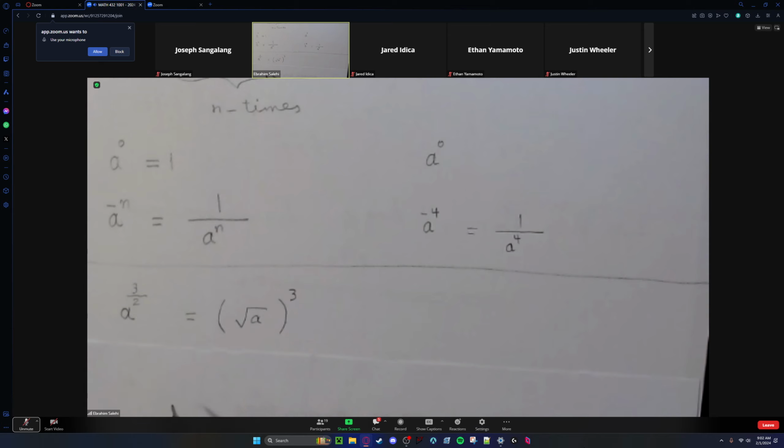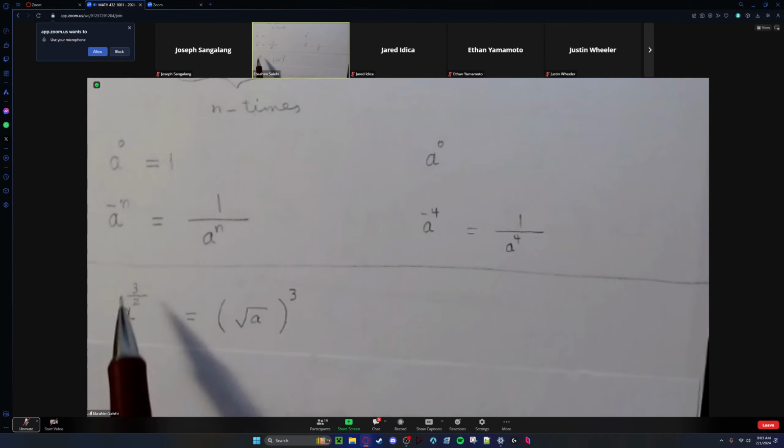Well, after discussion about square root, or in general, kth root or mth root, we said, you know what? We define this to be a square root of 2 to the third.